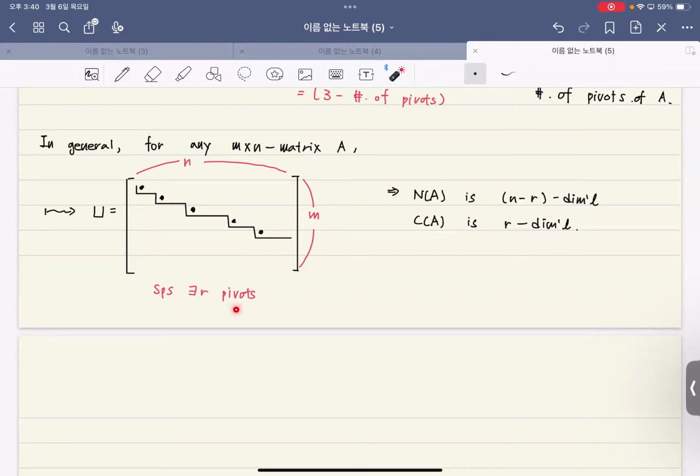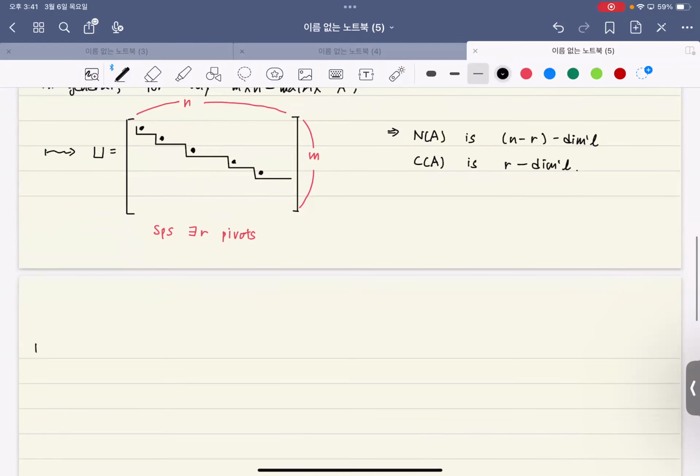As a matter of fact, the number of pivots of any matrix A is very important from now on, so we will give it a proper name.